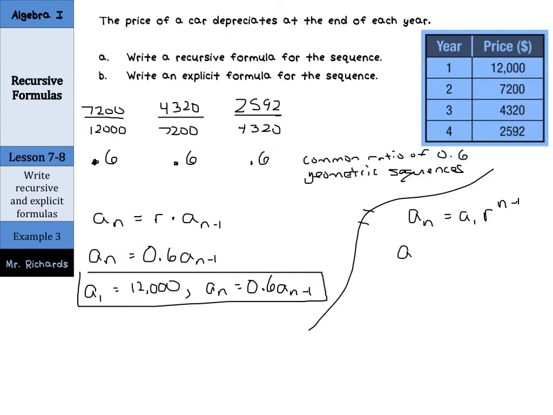So a(n) equals our first term a1, which was 12,000, times r, which is 0.6, to the n minus 1 power. So just to rewrite this here to show a little bit more room, a(n) is going to equal 12,000 multiplied by 0.6 to the n minus 1 power.